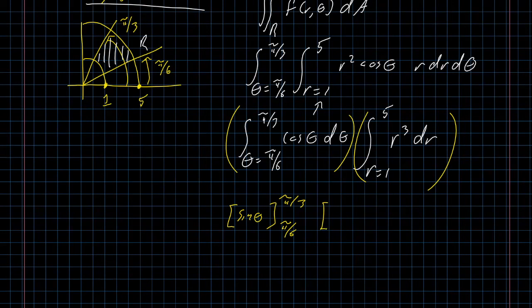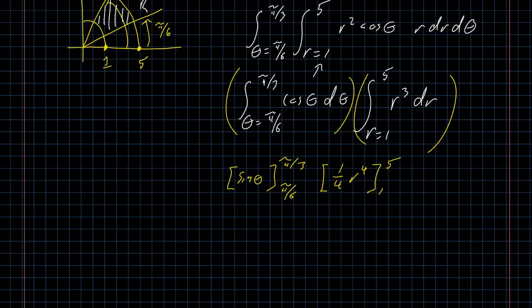The integral of r cubed is 1/4 r to the fourth. And then we just evaluate. Sine of pi over 3 is the square root of 3 over 2.